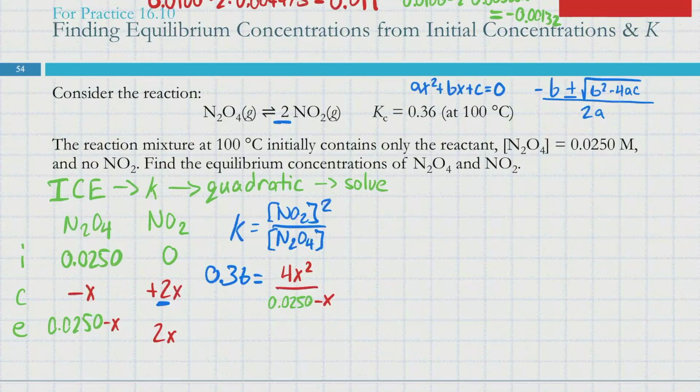And then we're going to rearrange that to get into a quadratic form.